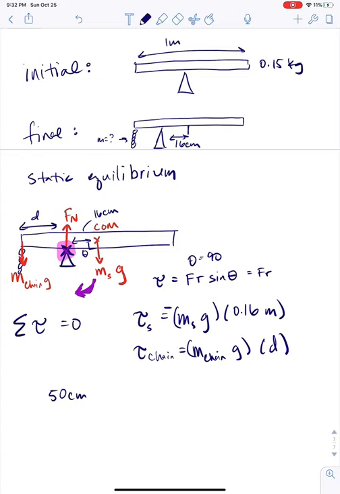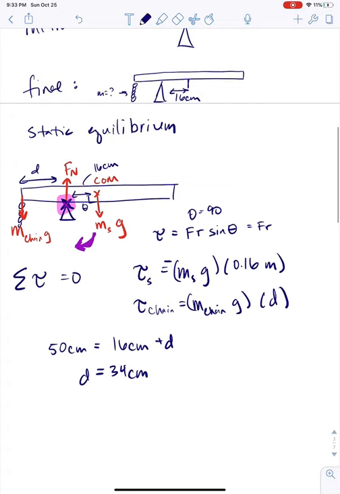So that's 50 centimeters from the end, and that equals 16 centimeters between the center of mass and our balance point plus D. So D equals 34 centimeters. So our torque from our chain is mass of chain G times 0.34 meters.